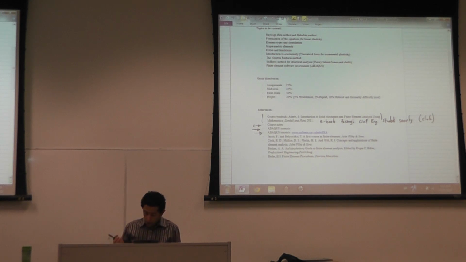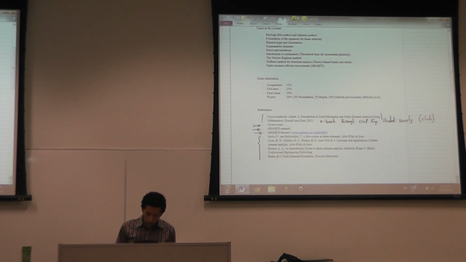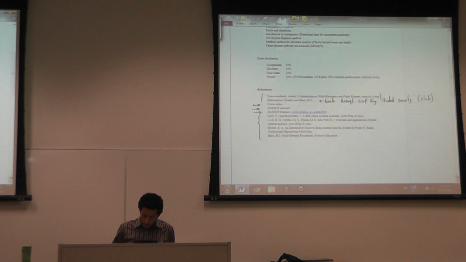So, the books that I recommend are here. Each book has its own advantages. And of course, in the future, if finite element analysis is a topic that you really like learning about, these are books that you should have.